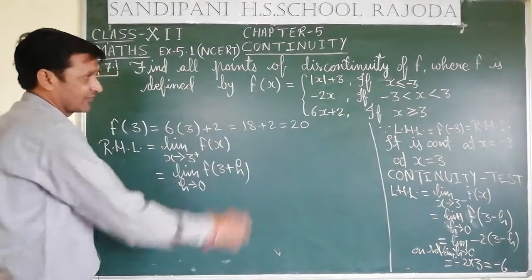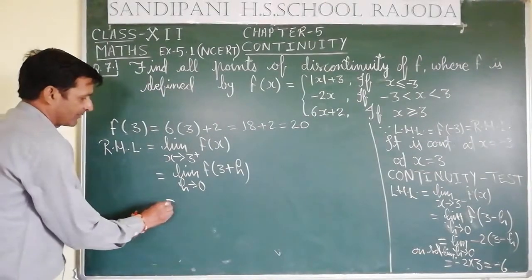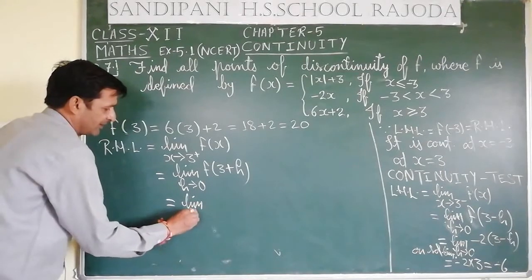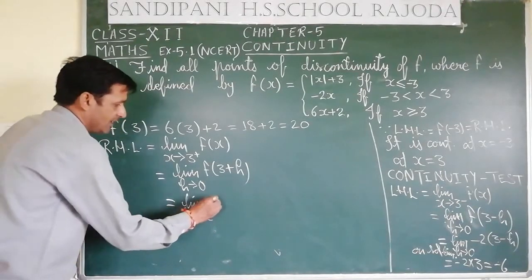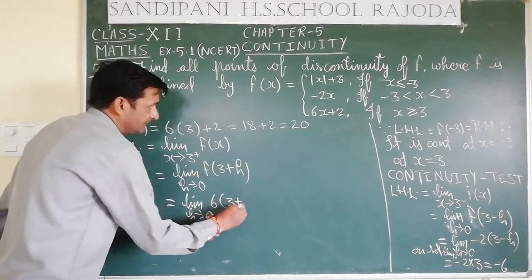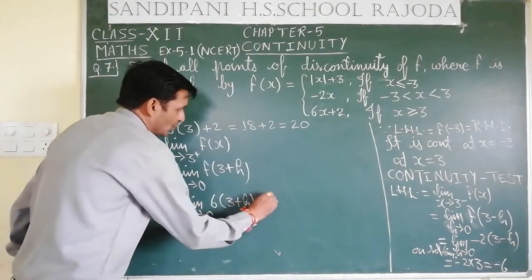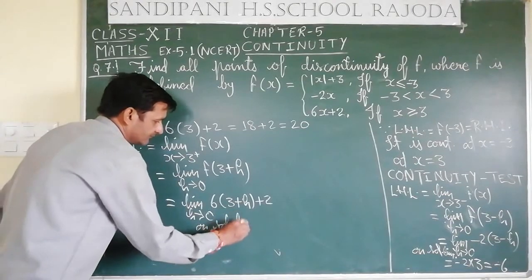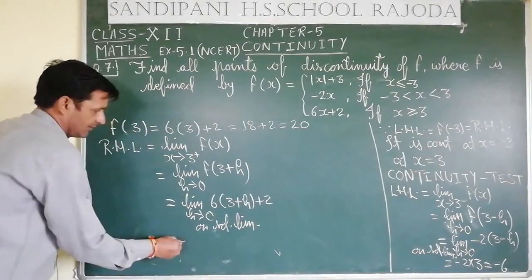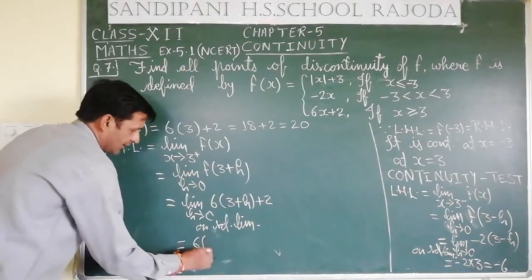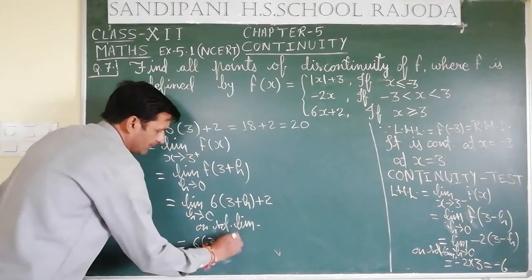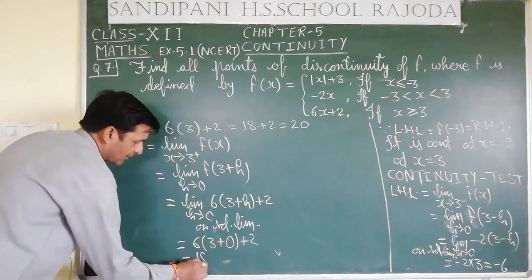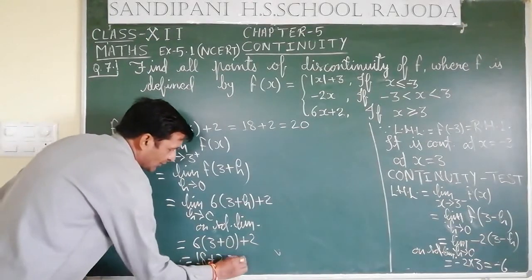So in place of x we have to substitute 3 plus h here. So limit h tends to 0, 6 into 3 plus h plus 2. On solving the limit, 6 into 3 plus 0 plus 2. So 6 threes are 18 plus 2, it is equal to 20.